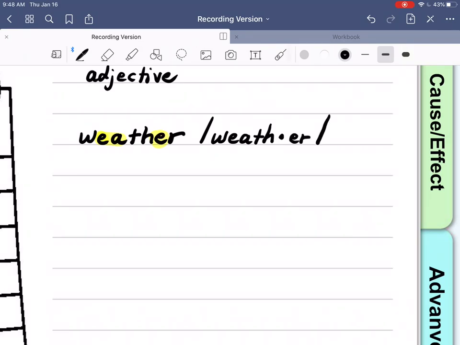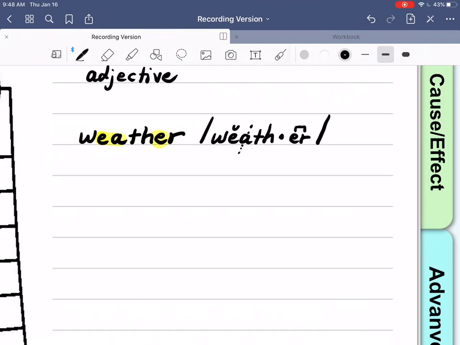Sometimes I break them a little bit in the wrong place, but for what we're doing here, I think it's okay. I should have double checked before I logged on. When two vowels go walking, the first one does the talking. You will not hear the second one. And this is an R controlled sound. So weather.